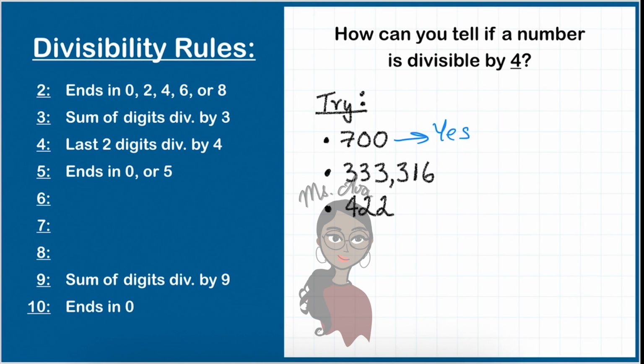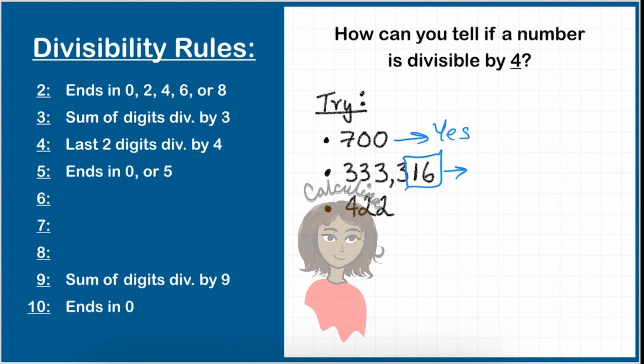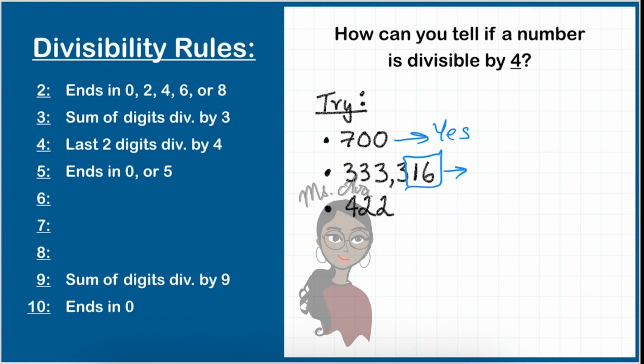And then for the next one, last 2 digits are just this 16. And is 16 divisible by 4? Yes. Awesome. So that means that this whole number is going to be divisible by 4. And I tried to make it kind of like an ugly number that you would look at and say, there's no way that that is going to be divisible by 4.